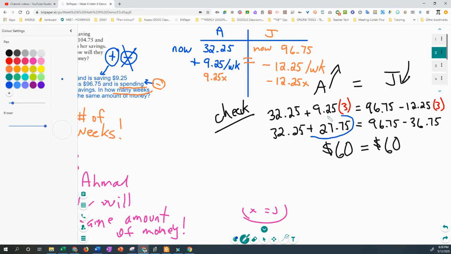This is the key part, because this is where he starts, this is where she starts, and now she has spent this much. So eventually they get to $60. On her way down and on his way up, they pass each other. They pass, boom, right there, $60.